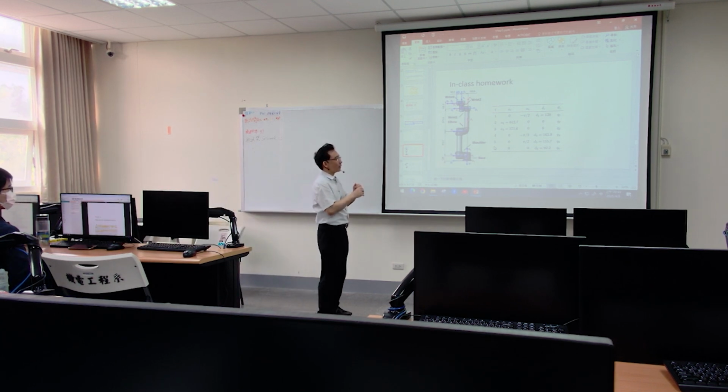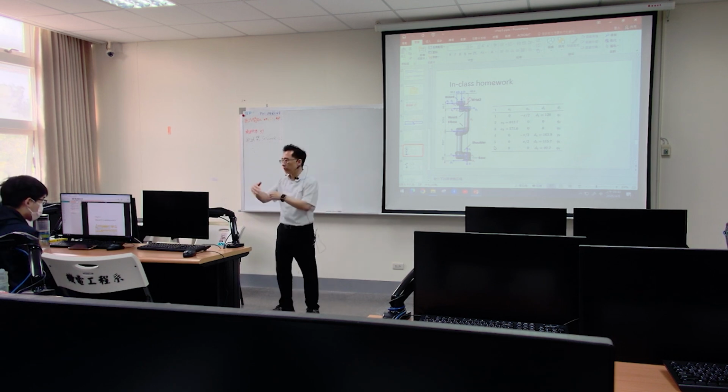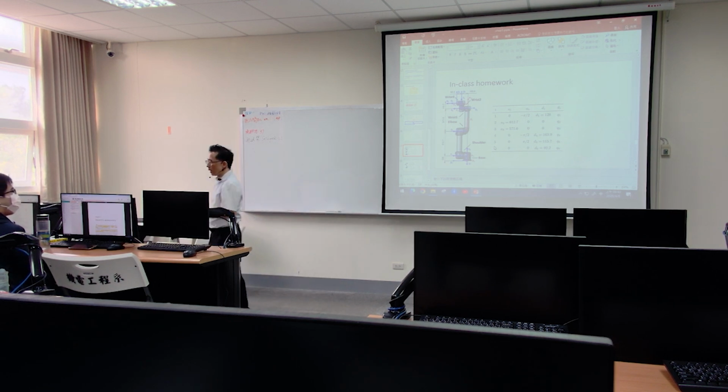So it depends on the next joint. The next joint belongs to which one, and then you will find out the answer, okay? So I will provide it to you, okay? And theta is the input angle, right?